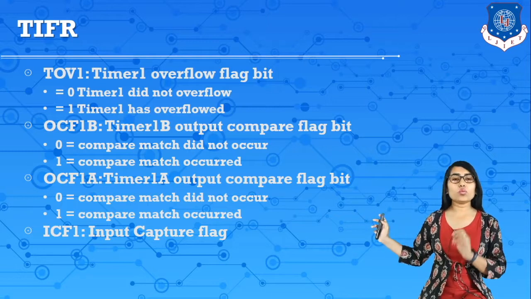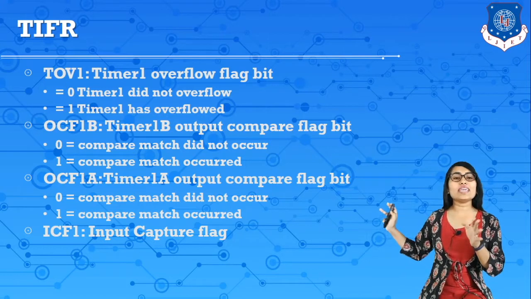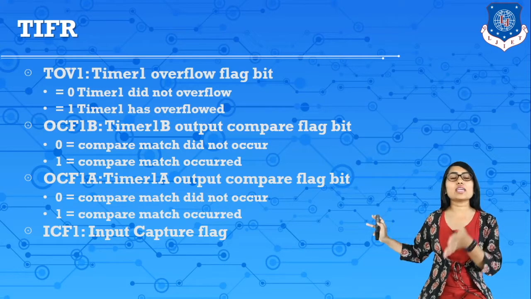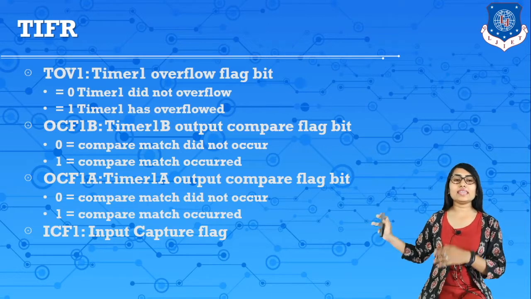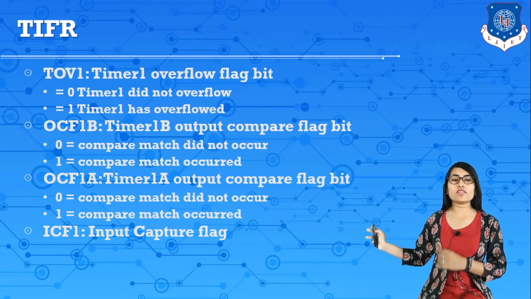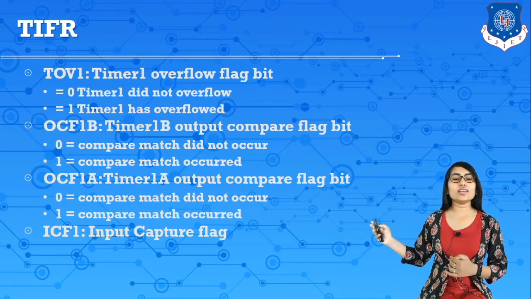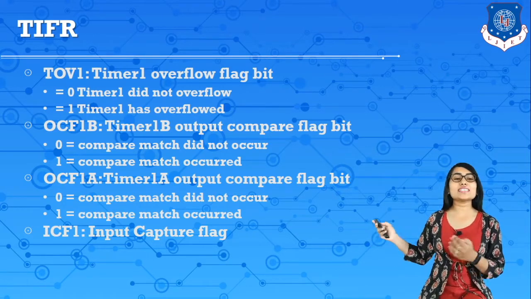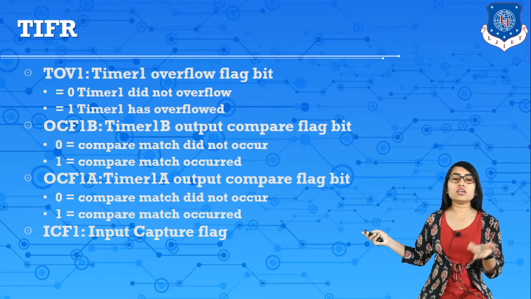As timer 1 is 16 bit, it is divided into two parts of 8 bit, timer 1A and timer 1B. OCF1A, timer 1A output compare flag bit: 0 means compare match did not occur, 1 means compare match occurred. ICF1 is the input capture flag. This is a special function of timer 1.